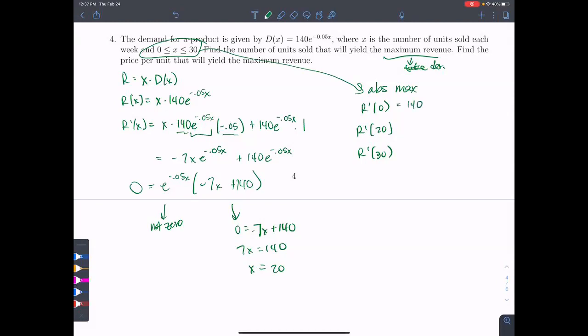When I plug in 0, I get 140. When I plug in 20, I get 0.